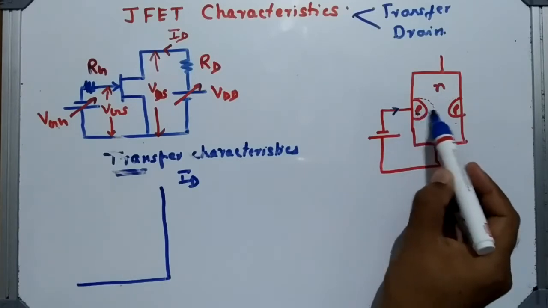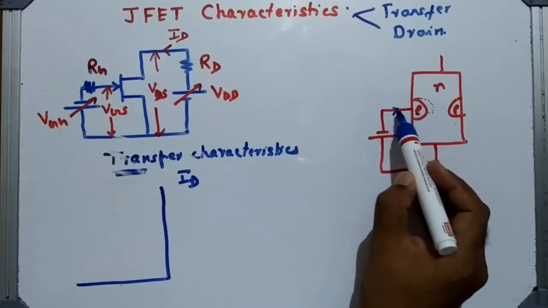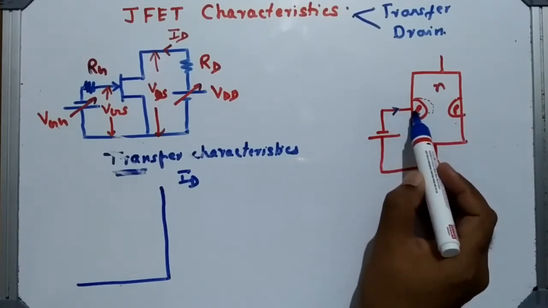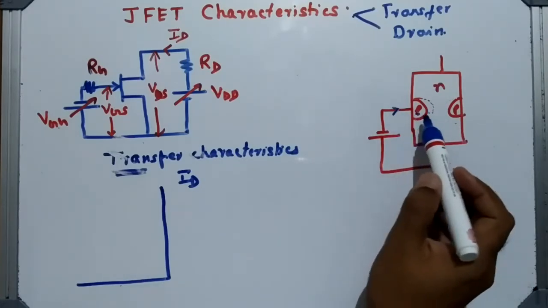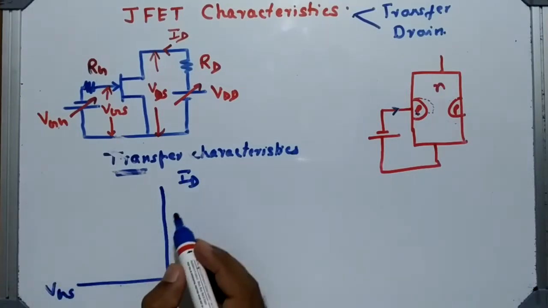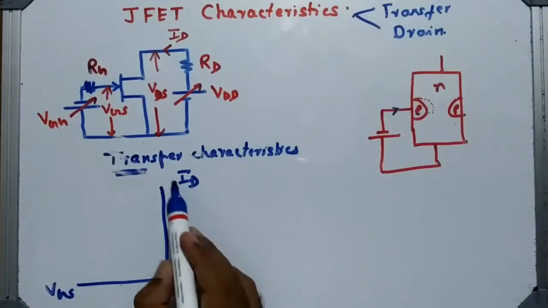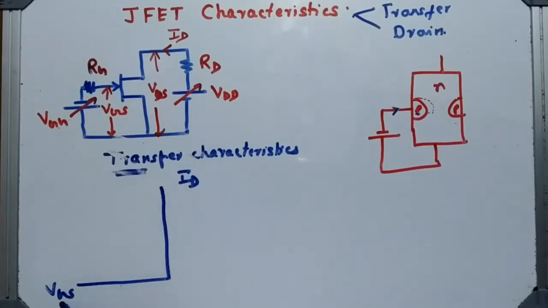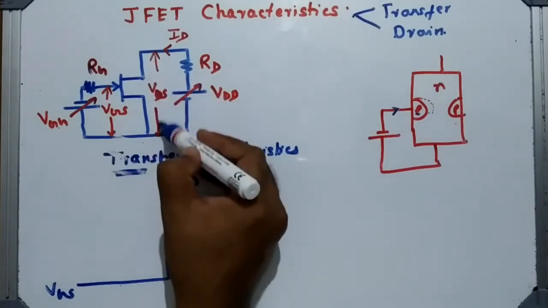Now this junction is reverse biased, so you know that reverse bias current is 0 in the case of a PN junction. So therefore IG is equal to 0 here, therefore we are not talking about IG. And this is VGS. So the transfer characteristic is a plot of ID versus VGS by keeping VDS constant.